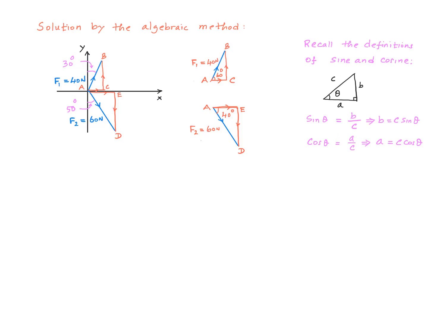Remember the definitions of sines and cosines, right? So if we have a right triangle like this, with these sides being A, B, and C, where C is the length of the hypotenuse, A is the length of the adjacent side to this angle, B is the length of the opposite side to this angle, then sine theta is defined as B over C, in other words, opposite side divided by the hypotenuse.